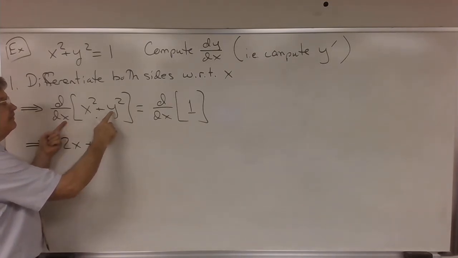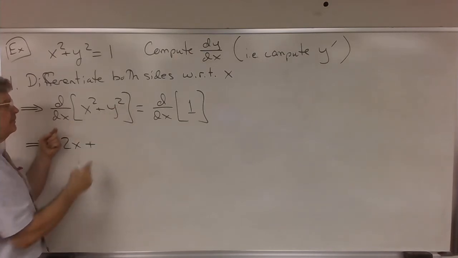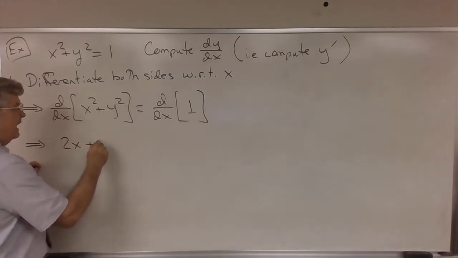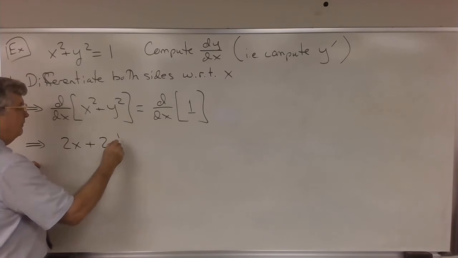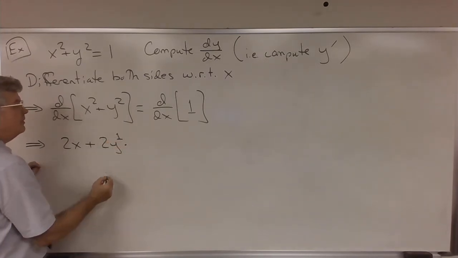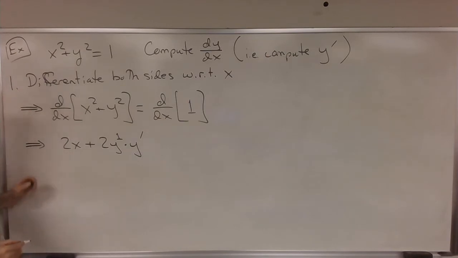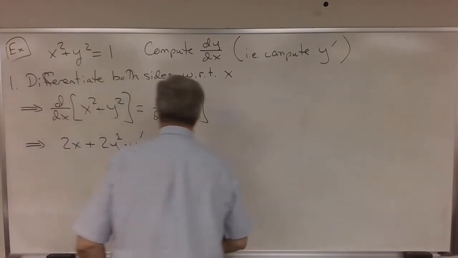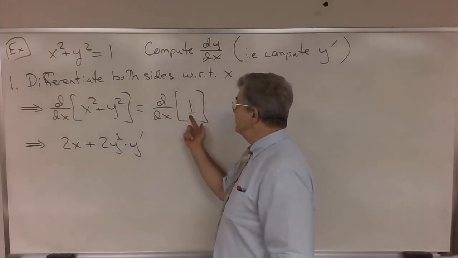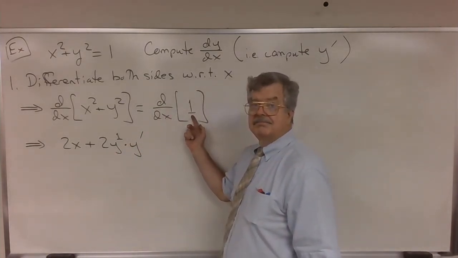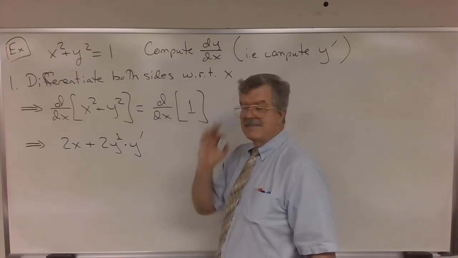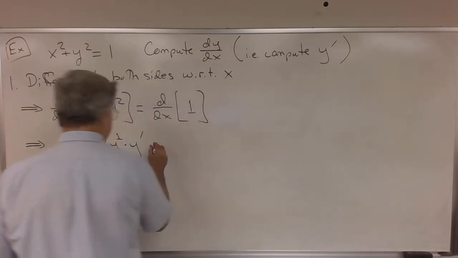So this is a function raised to a power. So we do the power rule as usual, and this is y to the first. Power rule as usual times the derivative of the inner function, y prime. And then we move to the other side. This is the derivative of a constant, right? We get 0.